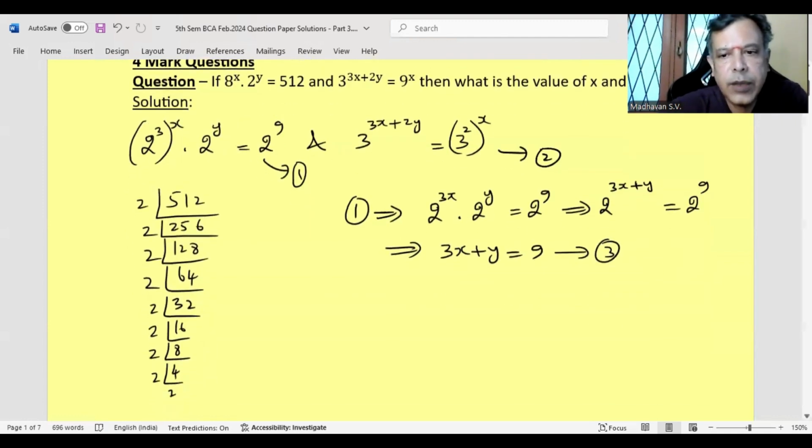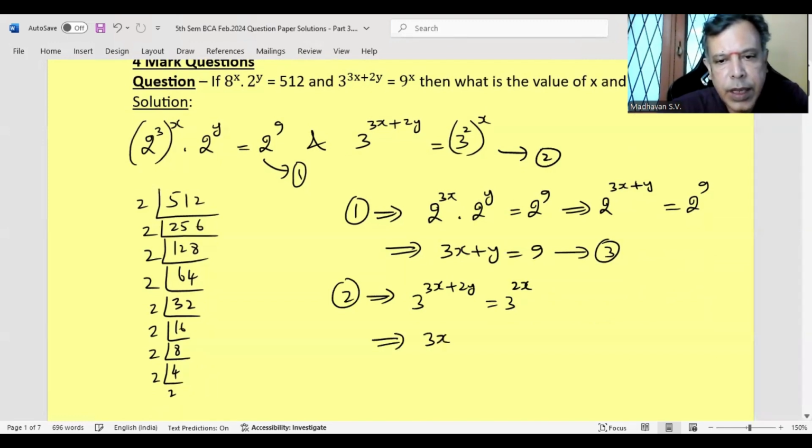Now from the second equation, we will write 3 power 3x plus 2y is equal to 3 to the power of 2x. So now again the base is common. We can equate the indices. So 3x plus 2y equal to 2x.